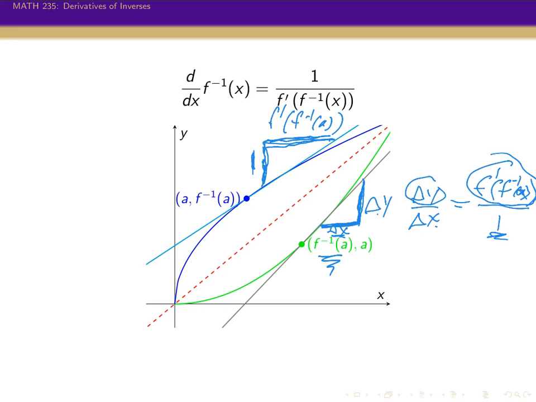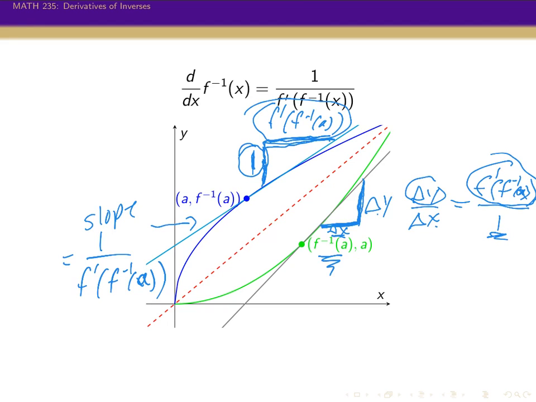And now on this side, if we're thinking about the slope over here, rise over run, now 1 is talking about the change in y values. And the derivative of f with f inverse of a plugged in is now talking about the change in x values. And so the slope of this tangent line is actually equal to 1 over the derivative of f with f inverse of a plugged in.